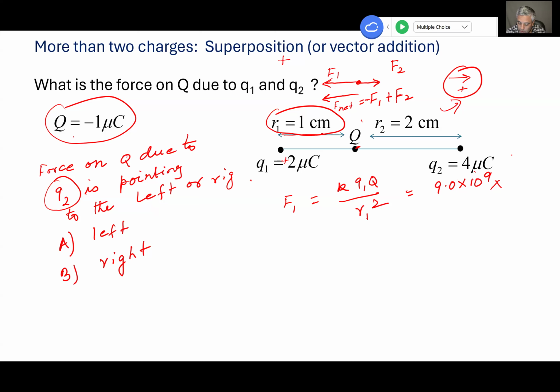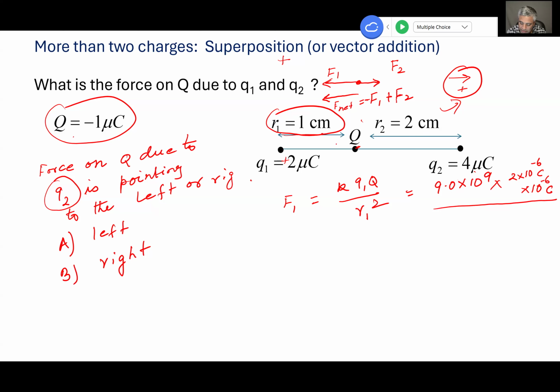And then Q1, 2 microcoulomb means 2 times 10 to the power negative 6 coulomb. And Q2 is negative 1, but we just write 1. So that means times 1 times 10 to the power negative 6 coulomb, right? So that is in the numerator.